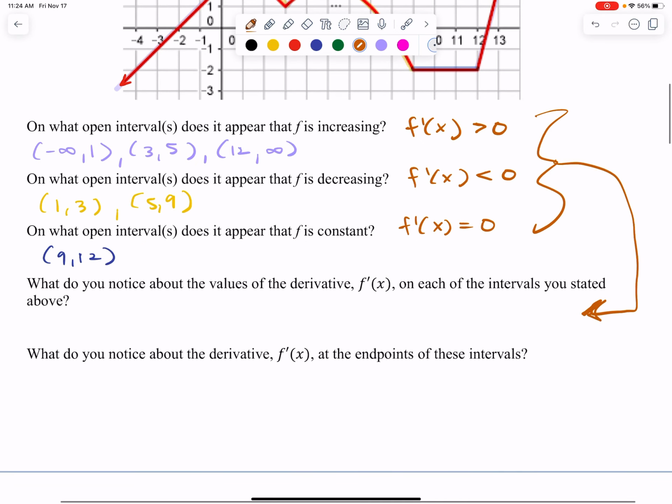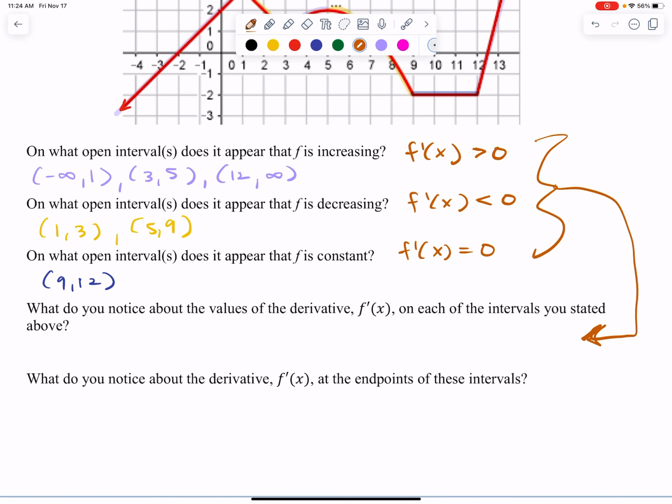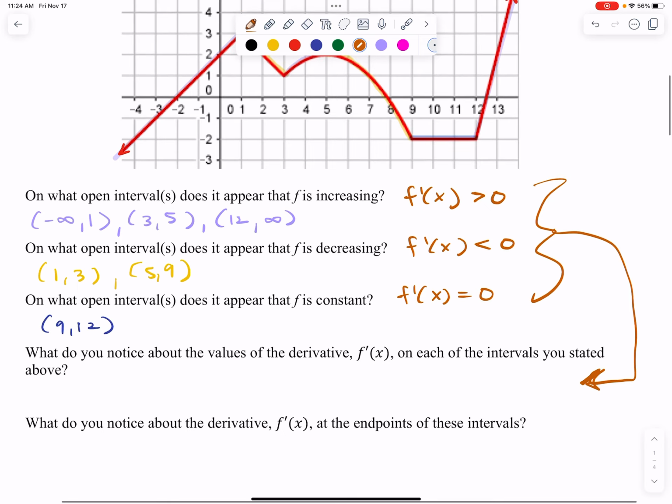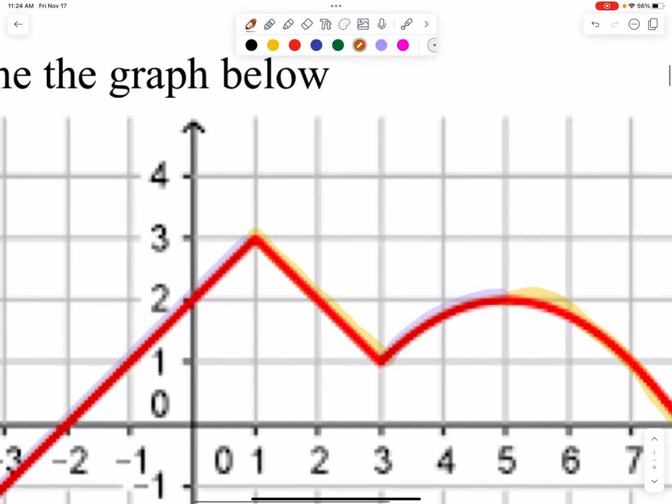Okay, and then what do you notice about the derivative f prime at the endpoints of these intervals? Well, looking at this first point where the graph of f changes from increasing to decreasing, that point doesn't look like it's differentiable. It's a sharp corner, so we would have to say that f prime is undefined.